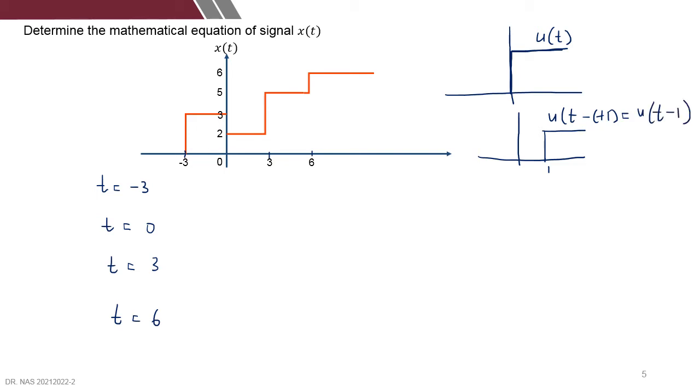From here you can identify the components in the equation. For example, here you can see at t equal to minus 3, there's one line.